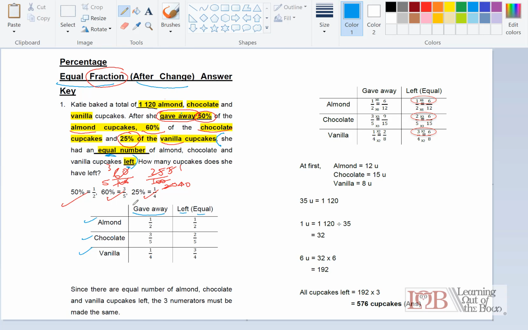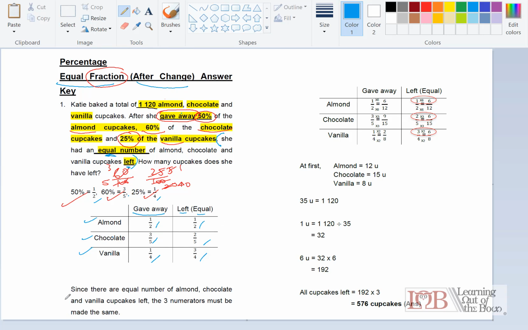So gave away will be half, 3/5, 1/4, and everything is one whole, right? So to find how much almond cupcakes left, we will have 1 minus half, which is half. Then for chocolate cupcakes, we will have 1 minus 3/5, which is 2/5. And then for vanilla, we will have 1 minus 1/4, which is 3/4.